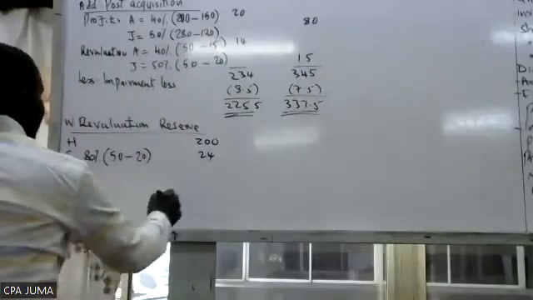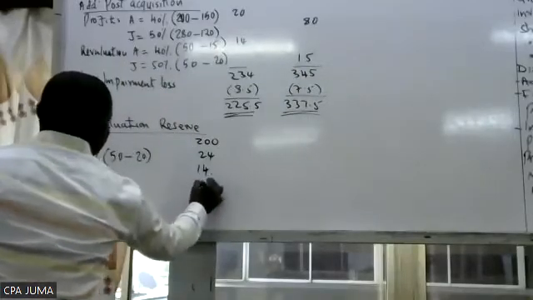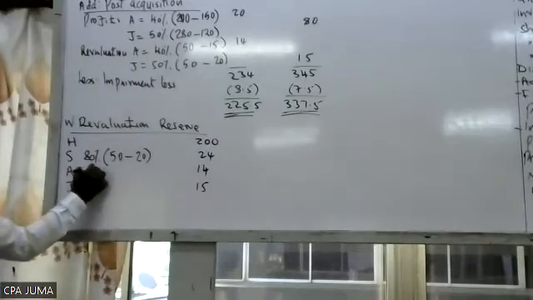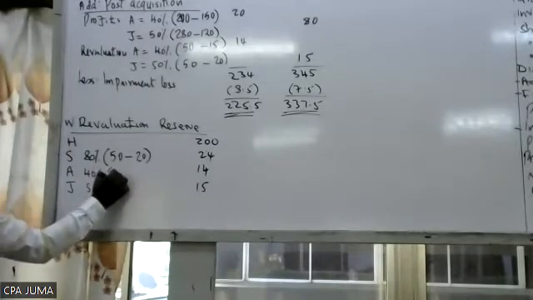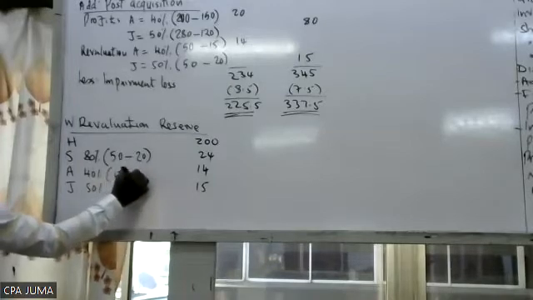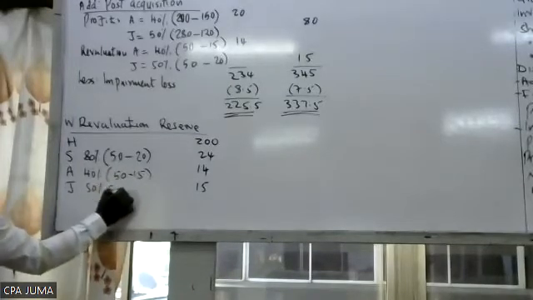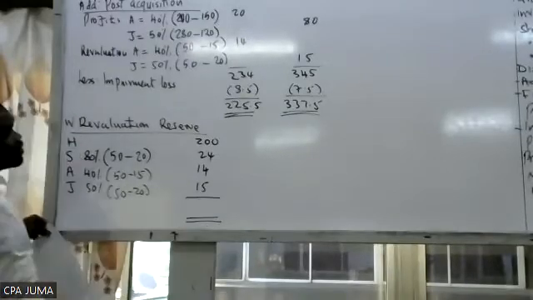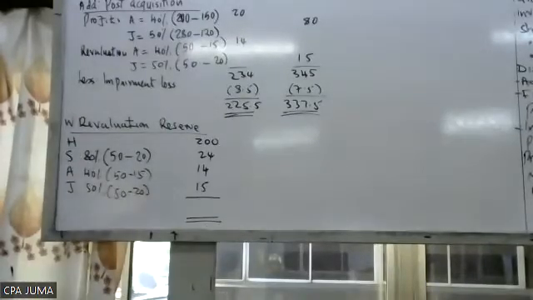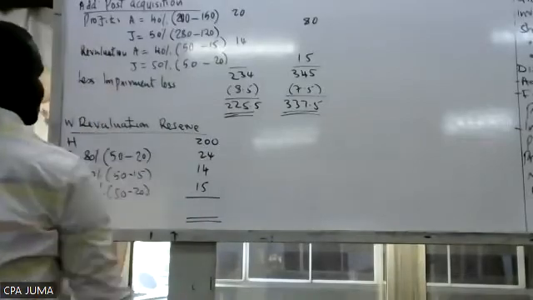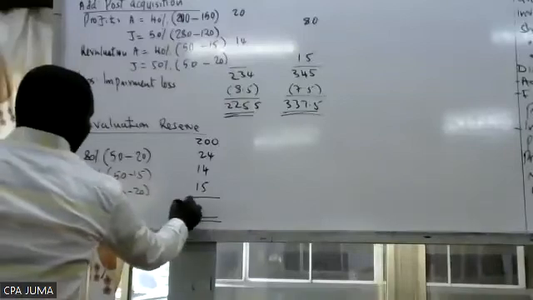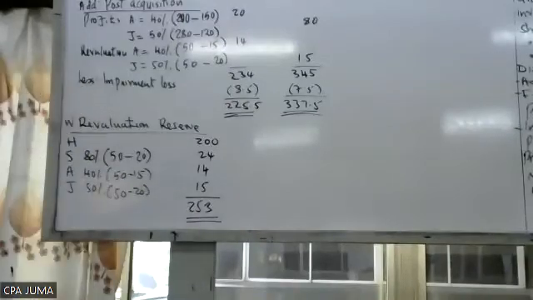Those are what the parent takes. 14, 15, which you can even show if you want. The 40, the 50. The 50 minus 15, the 50 minus 20. Therefore, total consolidated revaluation is 200 plus 24. That is 224 plus 29, 253. Check to confirm.